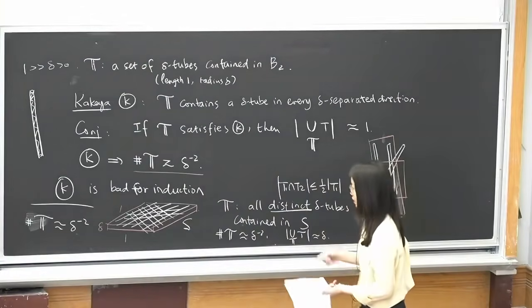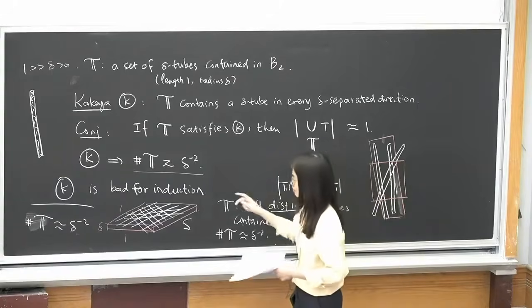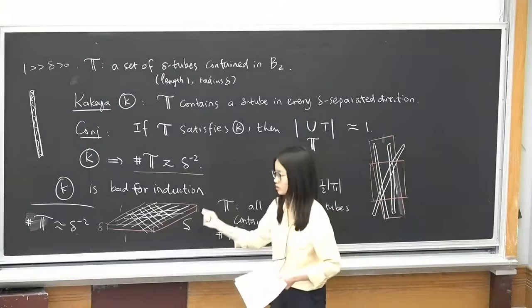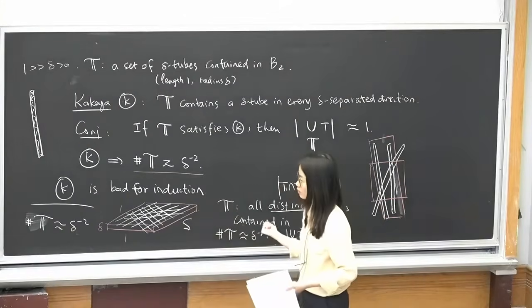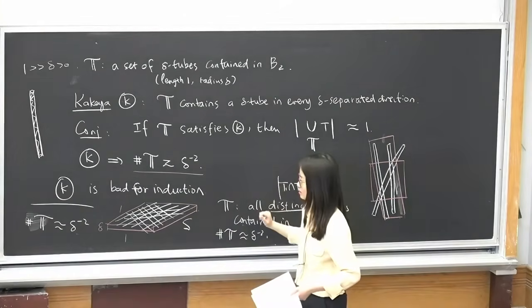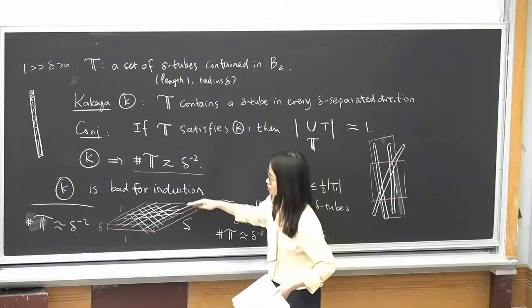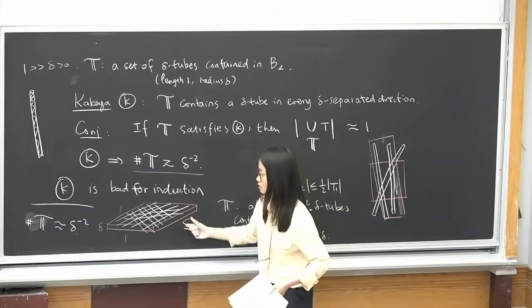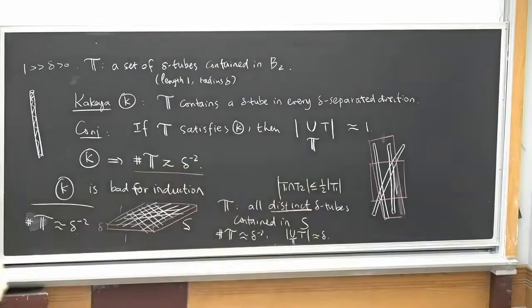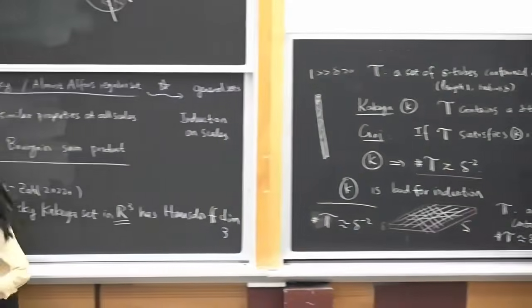It turns out that in R3, some variance of this is the only obstacle. So we need to come up with some assumption about the set of tubes that says the tubes cannot be concentrated on smaller convex sets. So this is the definition of the induction hypothesis we are going to use.